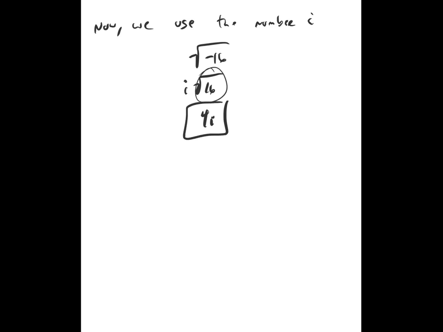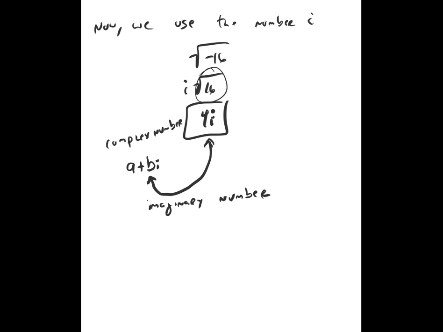So now we're saying, hey, the square root of negative 16 is not possible with real numbers, but what we get here is this 4i, which looks like the form a plus bi, which we call a complex number. And this is your bi, which is your imaginary number.